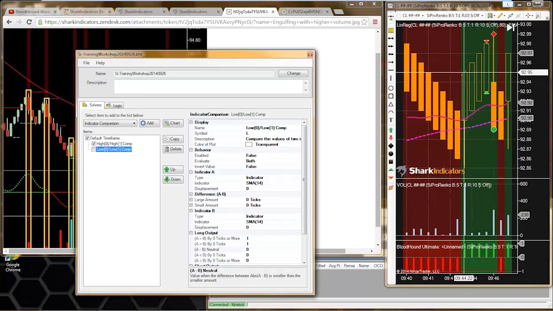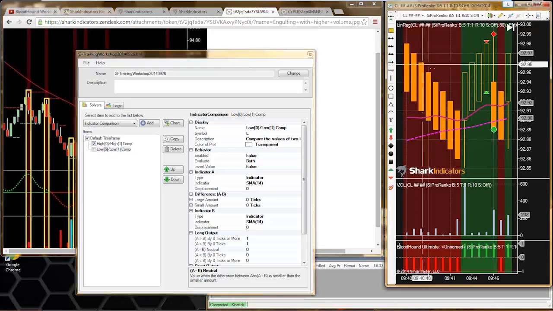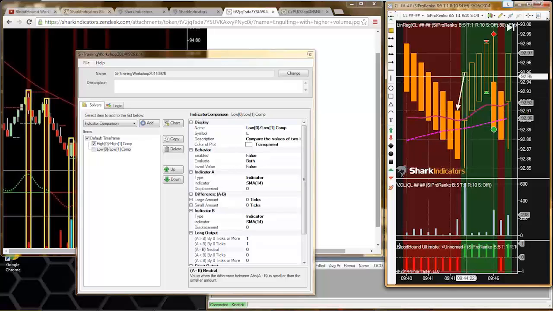We can see we're getting a long output whenever the high price is higher than the previous bar's high price. So that's working good. This high price is higher than that high price, so we got a long output. That looks good.